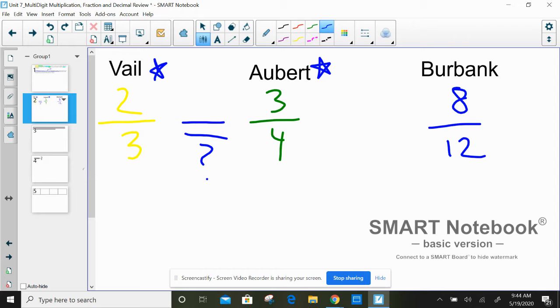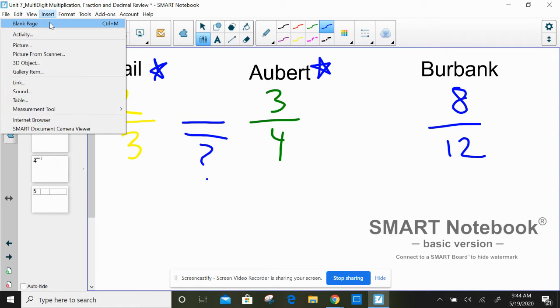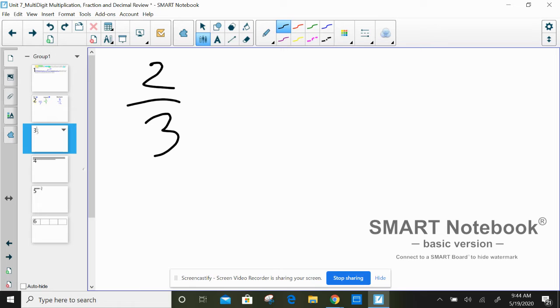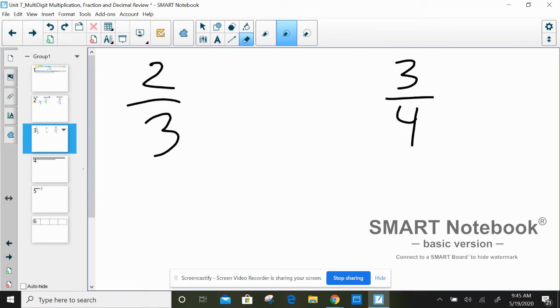So the way we can do that is we'll take our 2/3 and our 3/4, and we're going to see if they actually are equivalent, okay? So the way you can do this is you can ask yourself, what can I multiply each of these sides by to get the other?